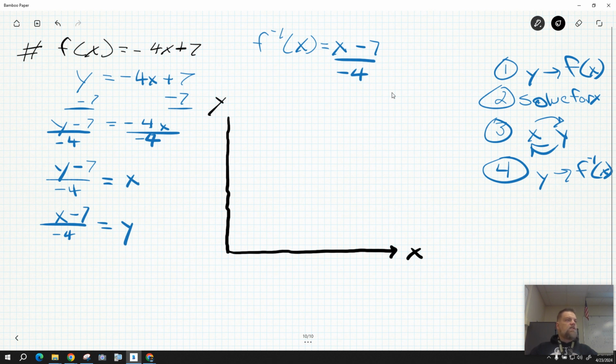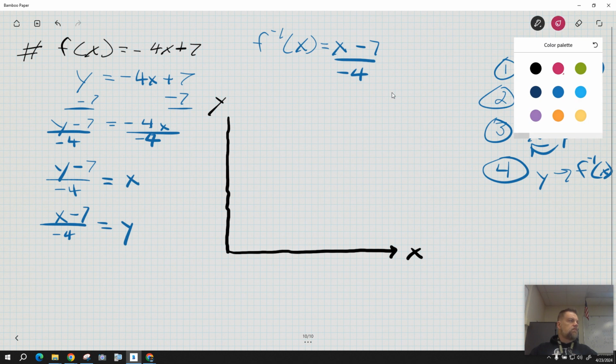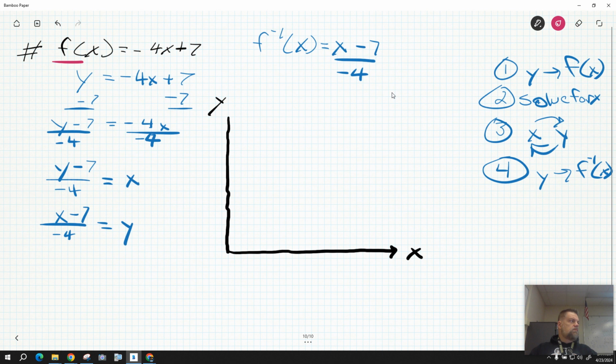Okay, so now to draw f of x, I start at 1, 2, 3, 4, 5, 6, 7, because that's my y-intercept, isn't it? You guys remember how to graph linear functions? And then what's this right here, this negative 4? Slope.